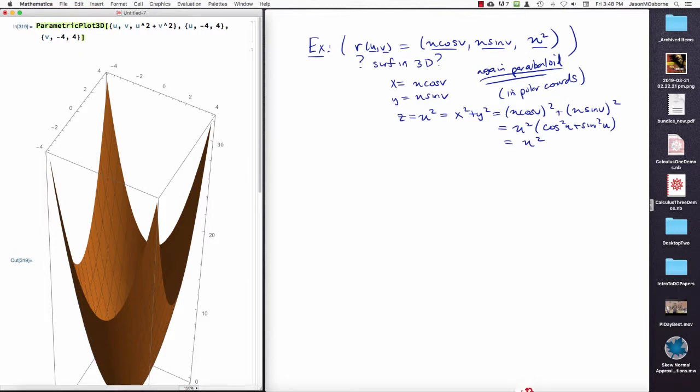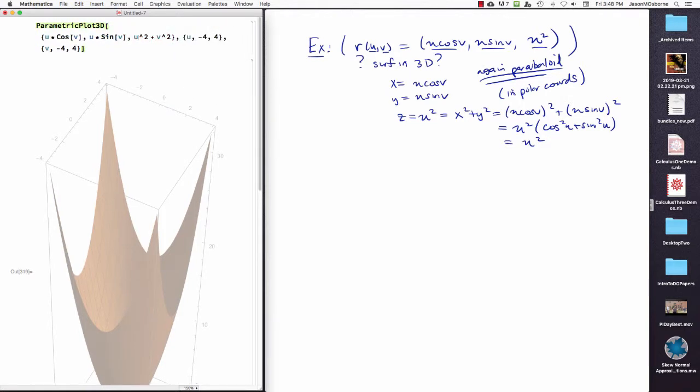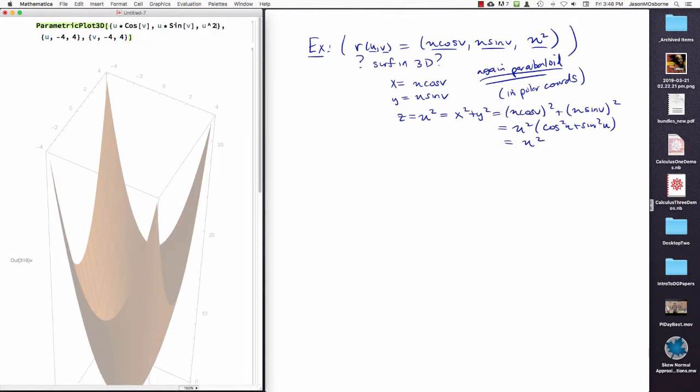But if you go to the u times cosine of v, u times the sine of v, and let the z entry be u squared, u is in the radius position, so if you let u go from 0 to, say, 4, for example, v is in the angle position in the trig functions, so v is an angle variable, so v would go from 0 to 2 pi.